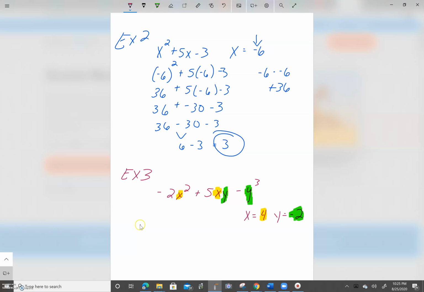So in this case, it's going to be -2 times 4 squared plus 5 times 4 times -2 minus, and then be careful, -2 cubed. Sorry, it's kind of smushed in there.